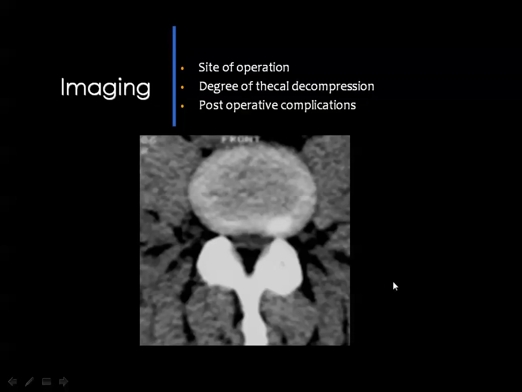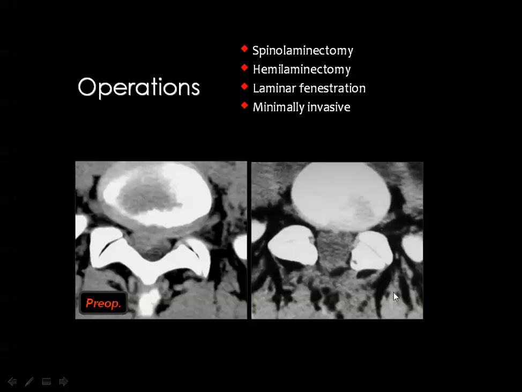But in the current days, where the minimally invasive surgeries are in common use, we do not need to have these two comments, but we are interested now to look at if there is any postoperative complication. And the surgeries, as you can see, we have too many types.